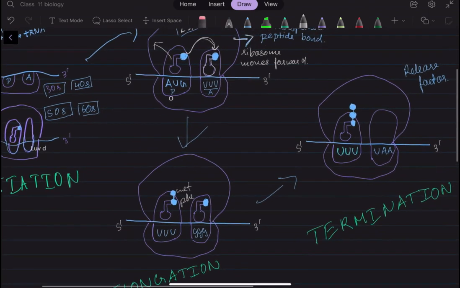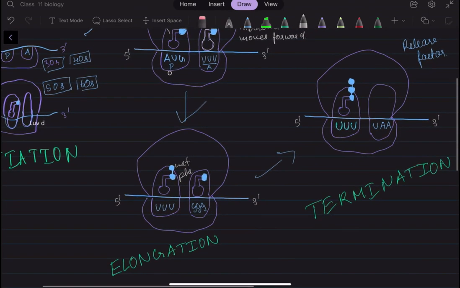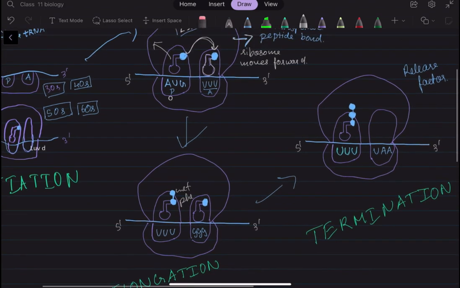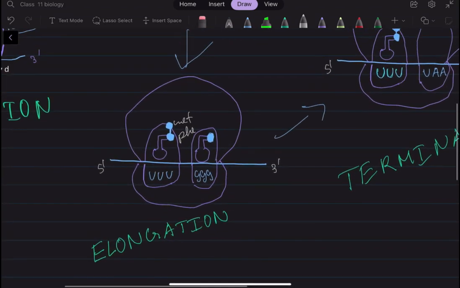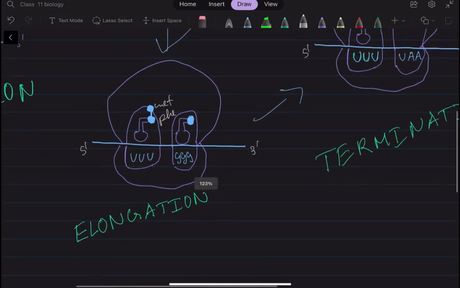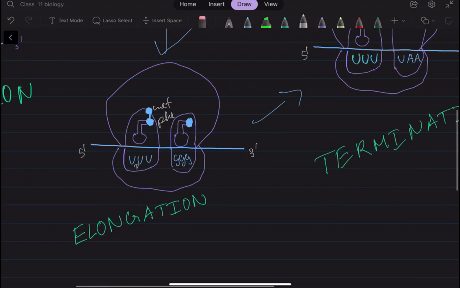Then, as I told you, the ribosome moves, so this entire structure goes forward. Whichever next codon is present in the A site comes to the P site, and here is the A site. So let us say it was GGG.